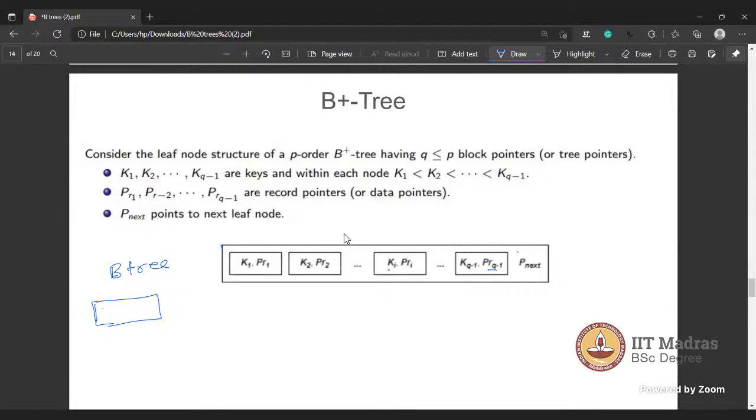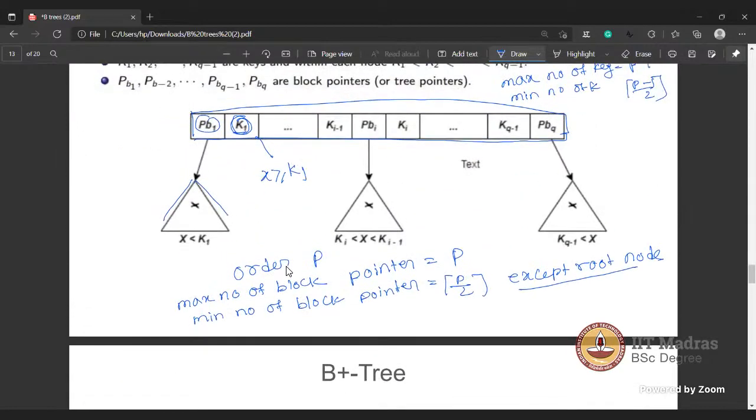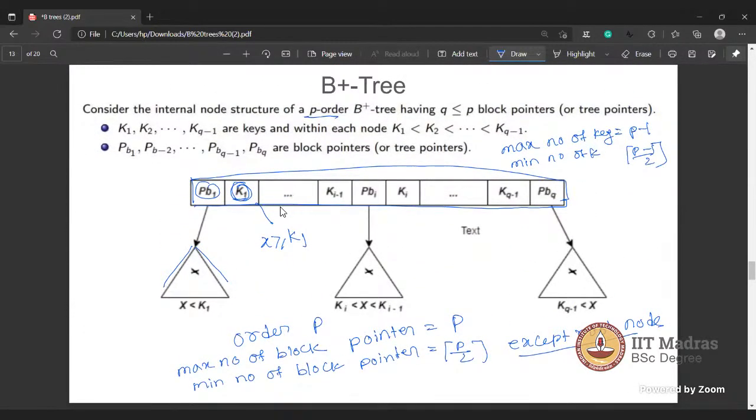But in B plus trees, records are only stored in leaf nodes, not in internal nodes. So the block size of an internal node is much smaller than in a B tree.